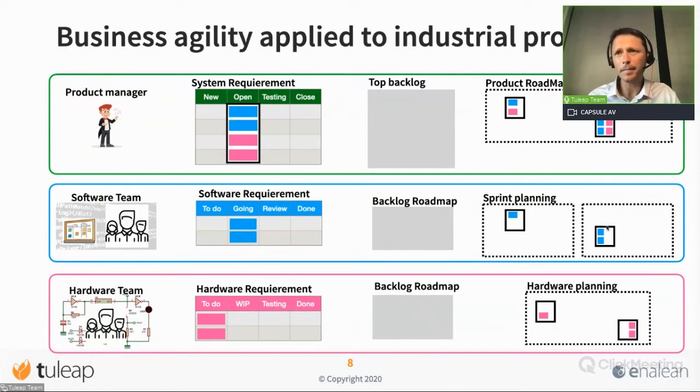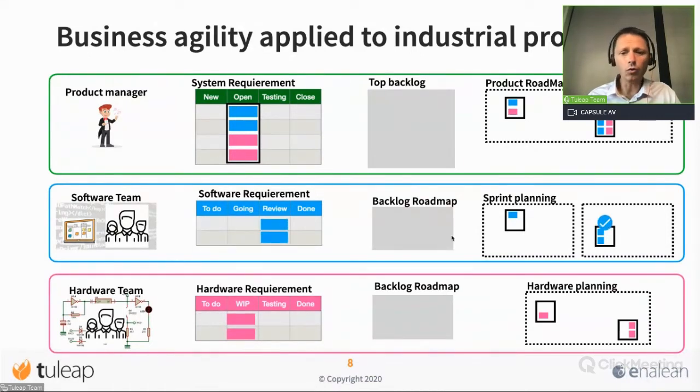They plan them, and you can see that the contract was respected, because the hardware team planned to finish their requirement at this time, and so it's compliant with the system requirements that have to be done for the product roadmap. So they work on it.